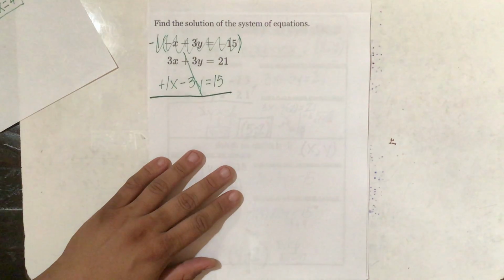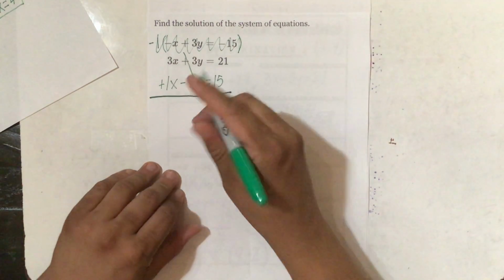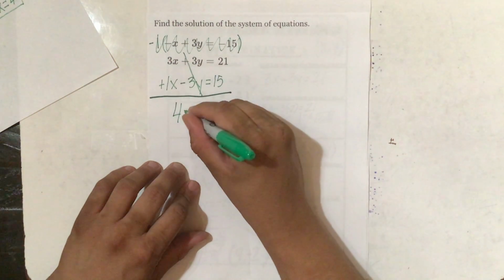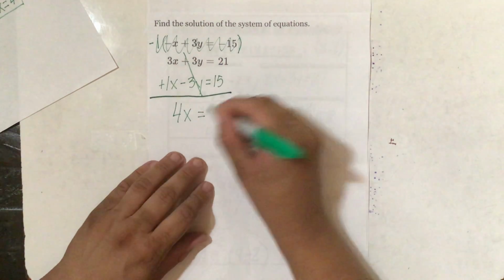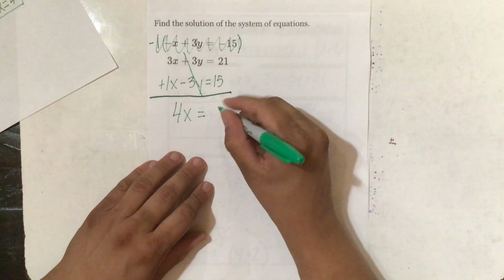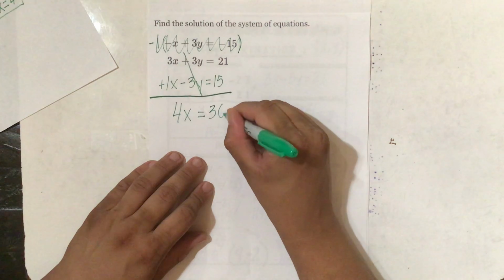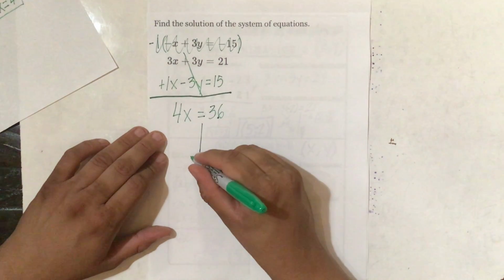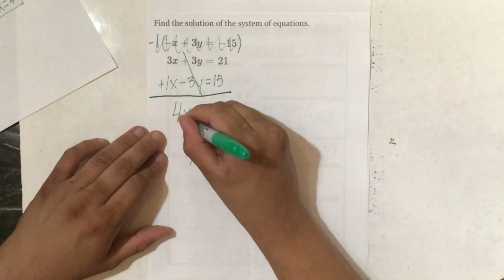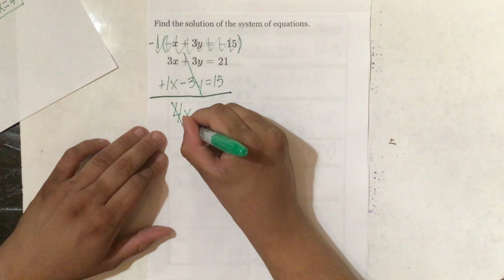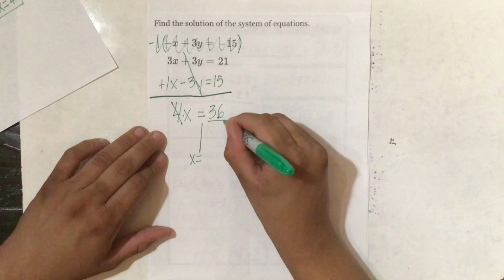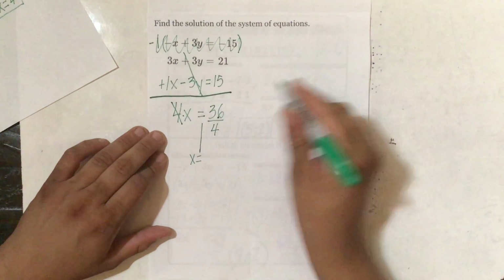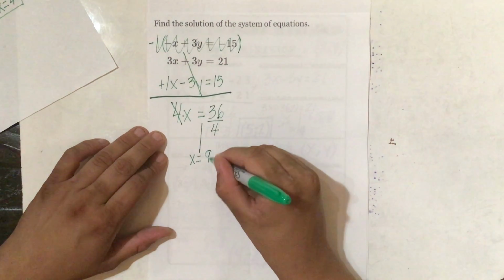Canceled. 3x plus 1x is 4x is equal to 21 plus 15 is 36. So I want to solve for x here. I want to get x by itself. So this is 4 times x, so the opposite of multiplying is dividing by 4. 36 divided by 4 is 9.